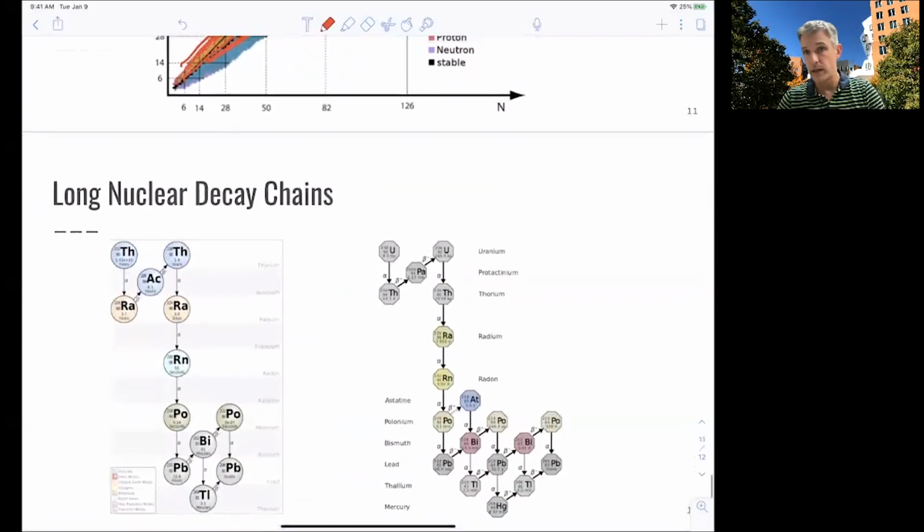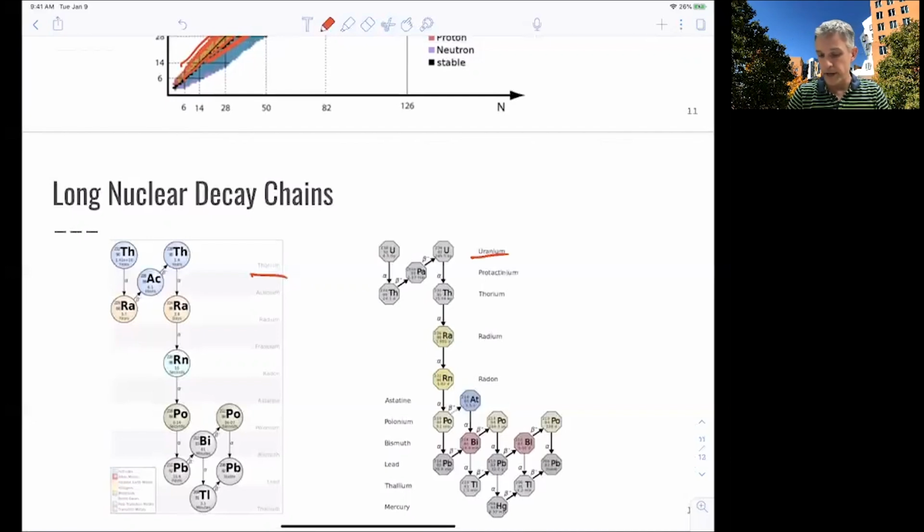As you probably already saw from the discussion of the beta decay, it's possible to have rather long decay chains. So you start from a radioactive nucleus, which then decays and decays and decays in those kinds of chains. Here are two examples, the thorium chain and the uranium chain, creating all kinds of other new elements.